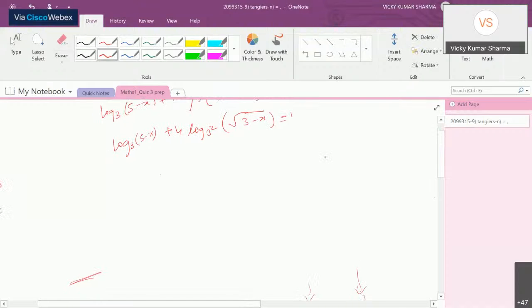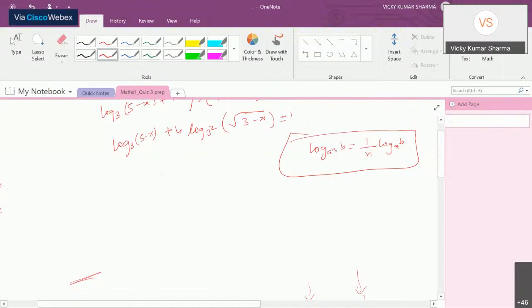Log of a to the power of n, log of b to the base a to the power of n can be written as 1 by n log b to the base a. Okay, can we write like this?